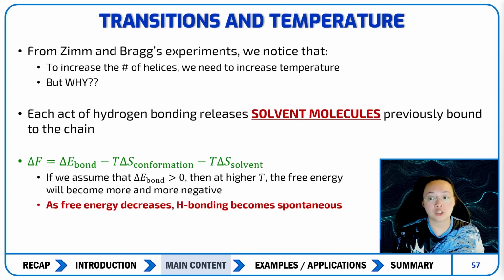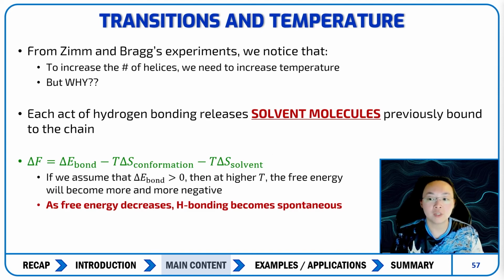So we know that the change in the Helmholtz free energy, delta F, is equal to delta E minus T delta S. In terms of the entropy, we have entropy from the conformational change and entropy change from the solvent.